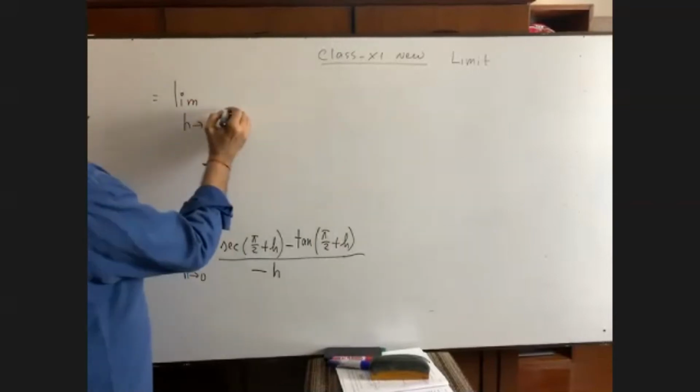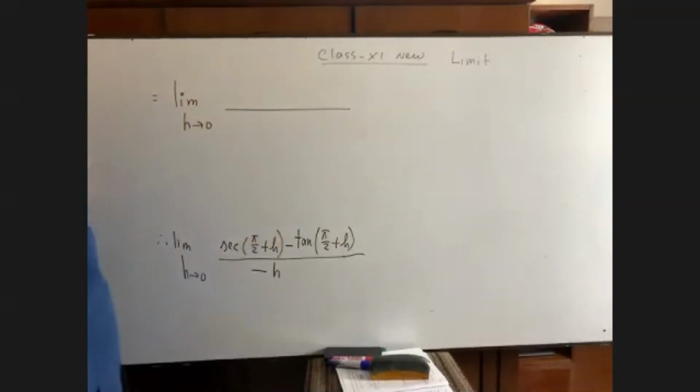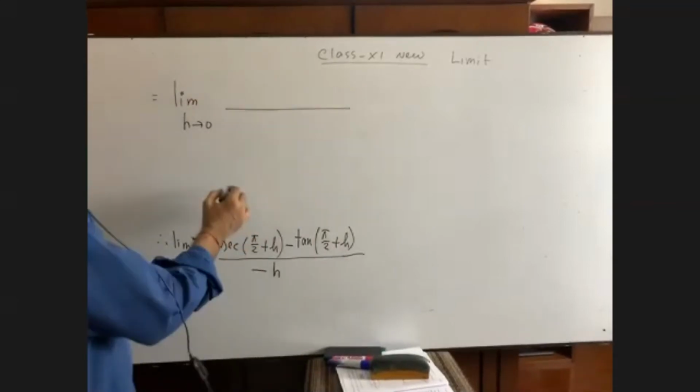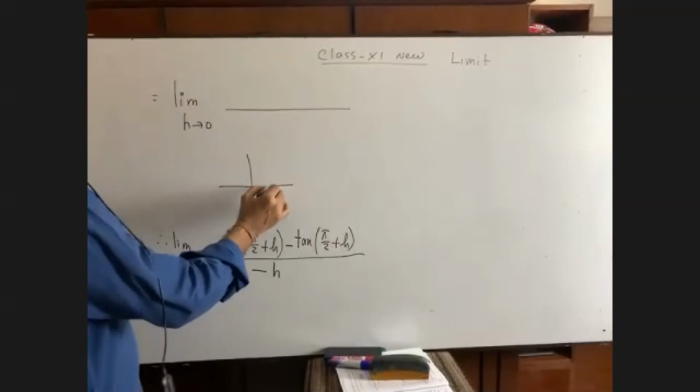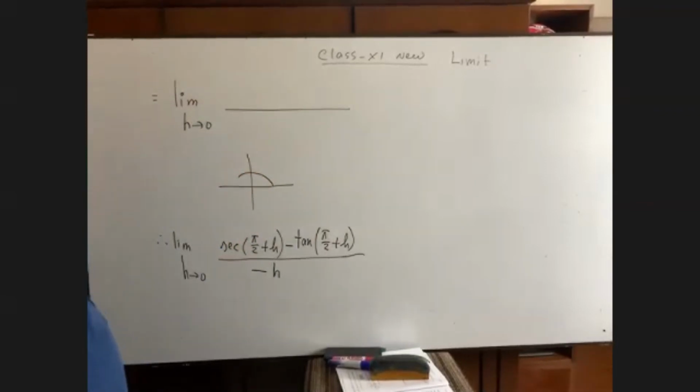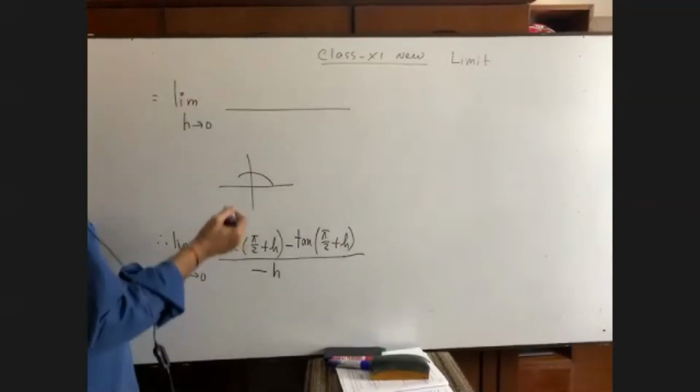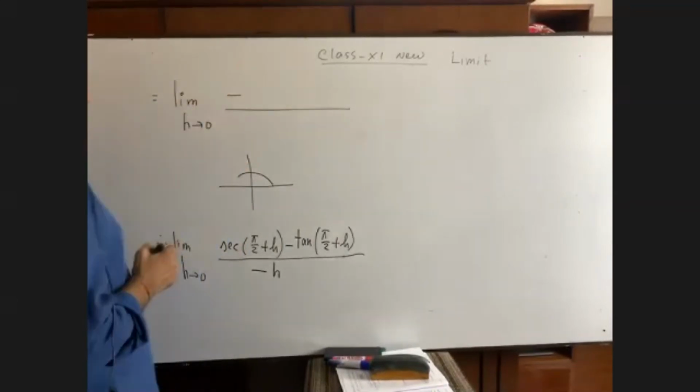Limit h tends to 0. Here you see, the angle lies in the second quadrant. Please pay attention. In the second quadrant, sec theta is negative, so it will be minus.